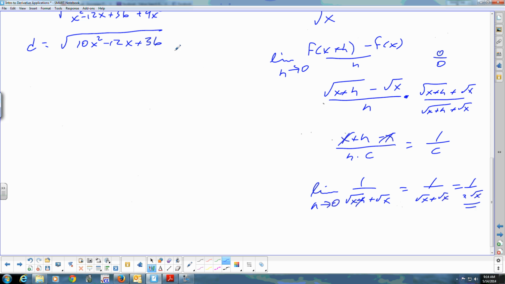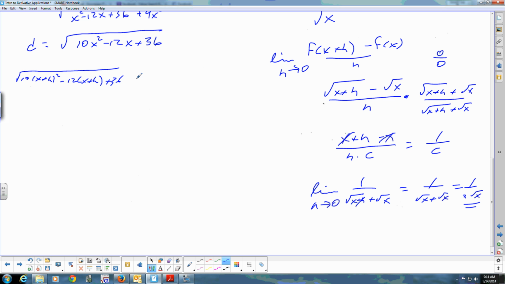Okay? So here, this is the hard part. Filling this sucker out. Here goes. Take a deep breath, because this is going to take a little bit. Alright, here we go. So I need to find f of x plus h. So you've got the square root of 10 times (x plus h) squared minus 12 times (x plus h) plus 36.